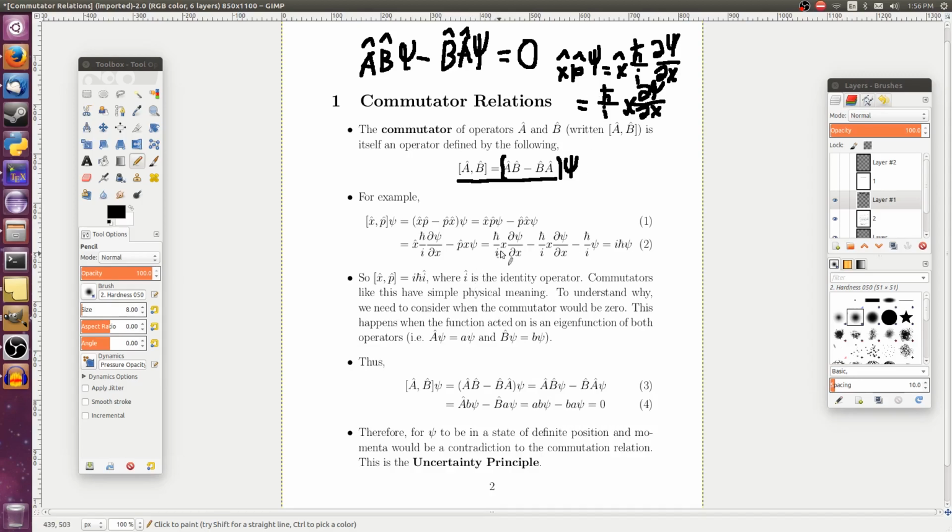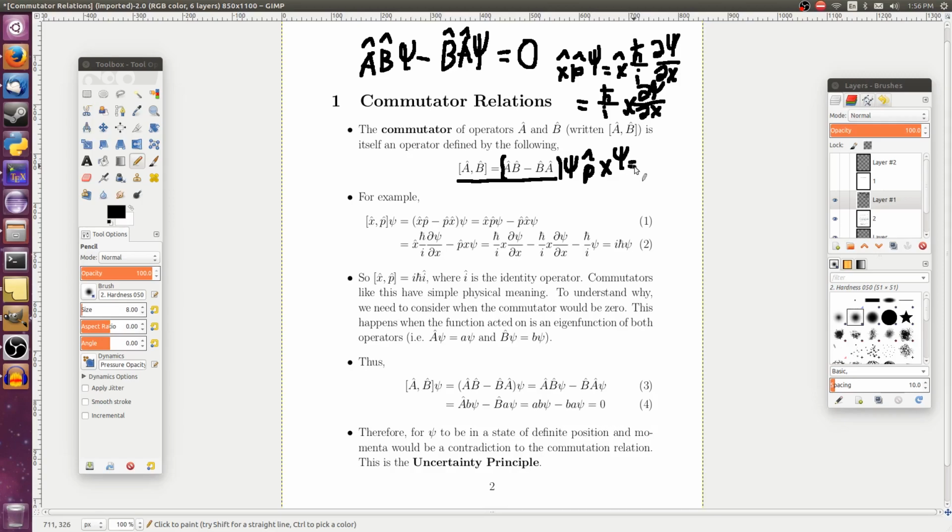Because if I act with x first, then I'm going to be acting with p on x times psi. As you can probably imagine, this is going to cause some problems, because now I'm going to be taking a partial derivative of x times the wave function.